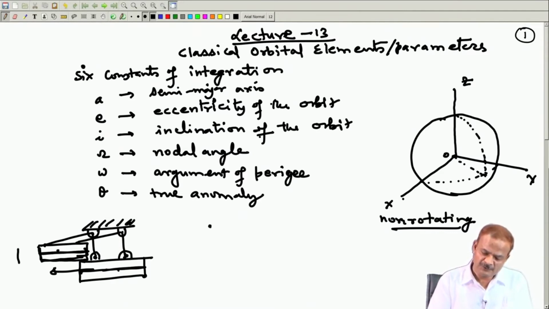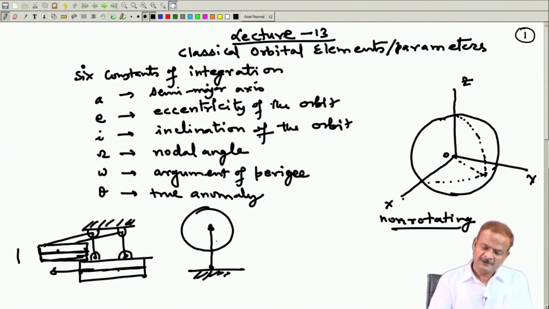While in rotational motion, say I have a circular chord, fixed at this point, and this point is non-rotating.